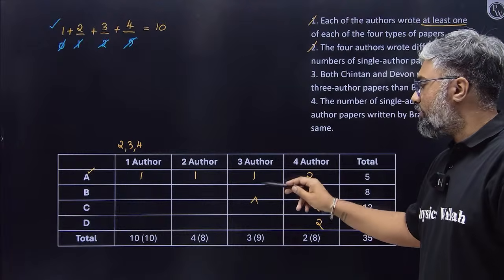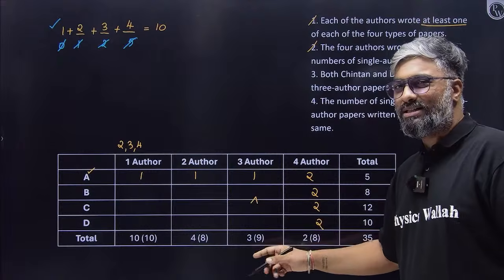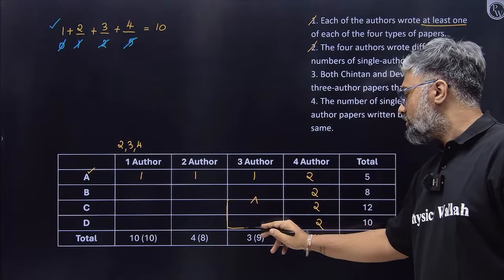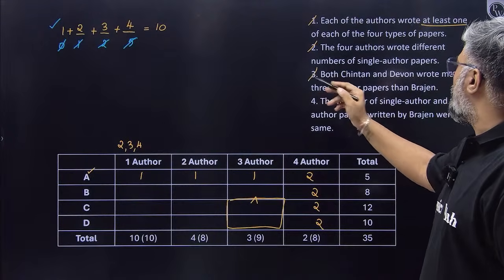This and this should be greater than B. Can I use this anywhere just yet? Not yet. But I'll keep it in mind that both of these values have to be greater than this. Okay. All right. Moving on.